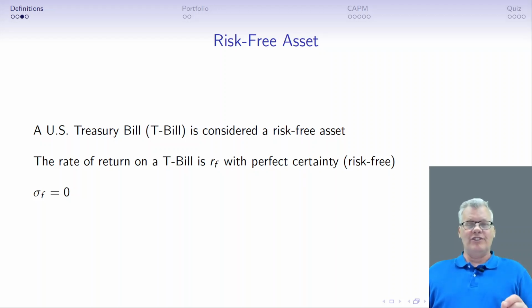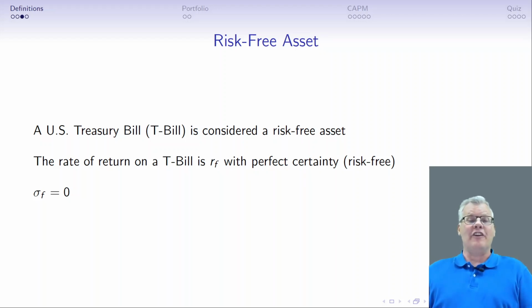And suppose that the rate of return on a Treasury bill would be R sub F. So R is a rate of return, F denotes the risk-free asset. So the rate of return then is R sub f with perfect certainty, meaning it's risk-free.